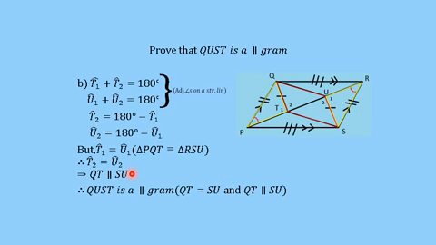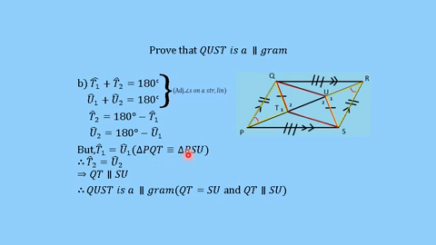Okay, now let's solve for T2 and U2. Angle T2 equals 180 degrees minus angle T1, and angle U2 equals 180 degrees minus angle U1. But angle T1 equals angle U1 because triangle PQT is congruent to triangle RSU.